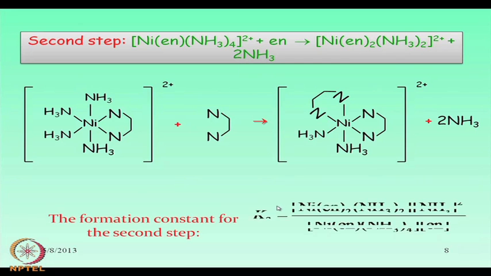So, in this particular case also we should be able to write the formation constant by knowing the corresponding concentration of this particular species which is forming as the intermediate species.